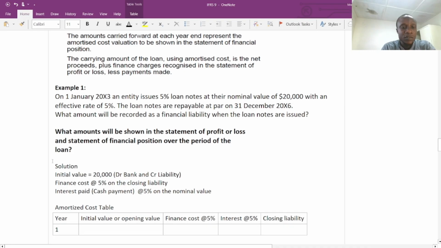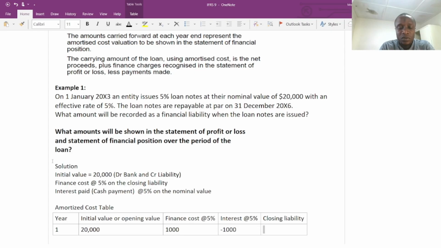Year one, the initial value is 20,000. The finance cost will be 5% of 20,000, multiplied by 0.05, which is 1,000. Then the interest paid will be 1,000 as well, based on this question.